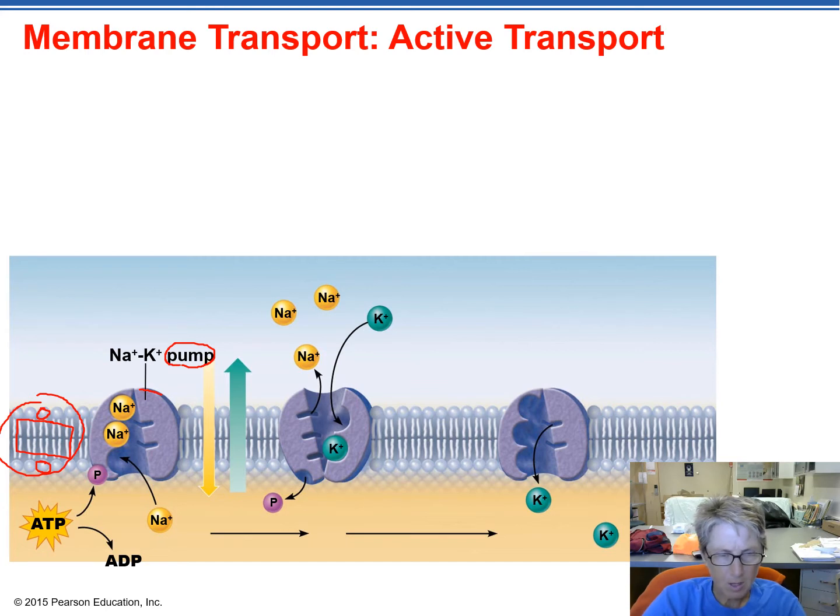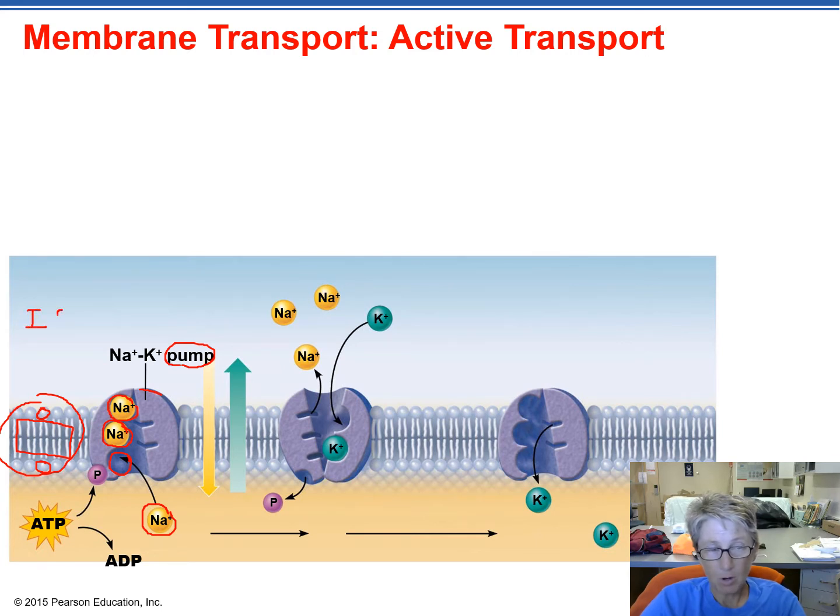It looks like in this part of the cartoon, it's got 2 sodiums here in the pump, and another sodium is coming from the intracellular fluid to move into this third space on the pump. Now, why do you need ATP to move sodium from the intracellular fluid to the interstitial fluid?